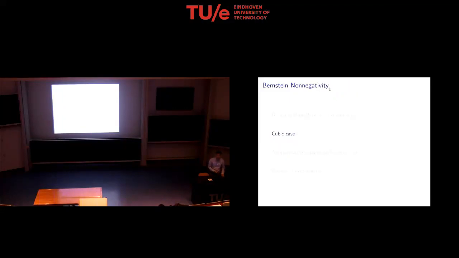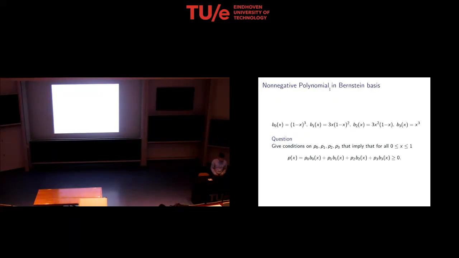So now let's talk about what exactly the question that we're solving precisely in, like I said, the simplest setting. So again, these are the Bernstein polynomials. And our question is to give conditions on these coefficients that imply that for every x in the unit interval, the polynomial is non-negative.